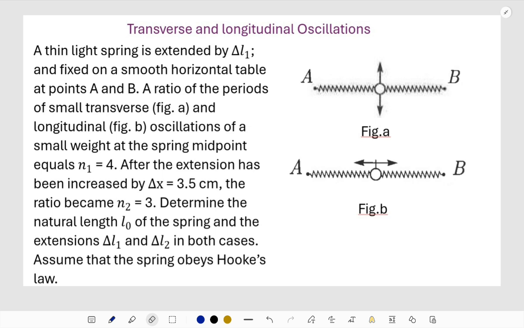The problem statement is: a thin light spring is extended by delta L1.